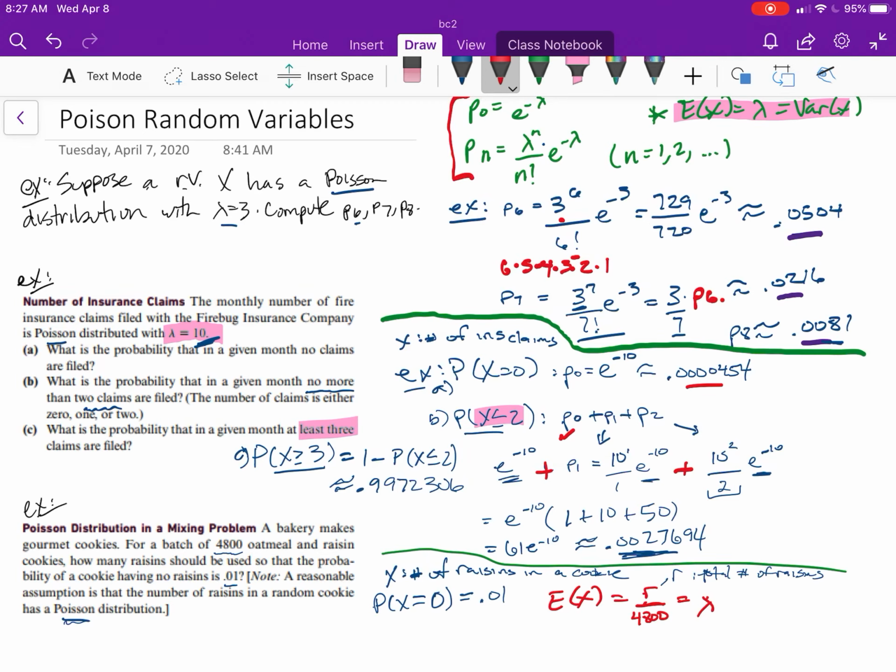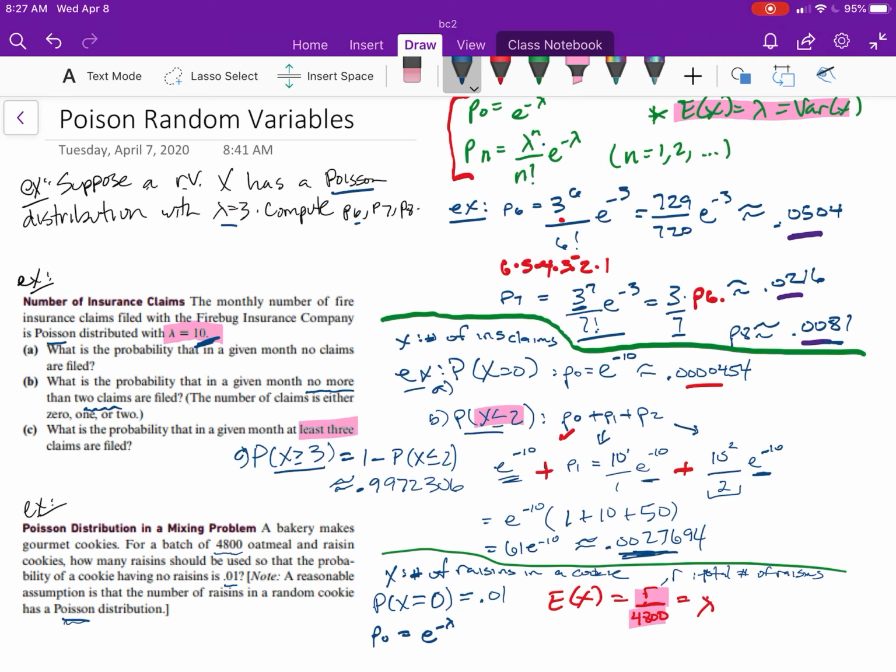All right, so this is what we needed, and that was the weird part. It's not exactly given in the problem, right? So probability of X is 0 is P of 0. And P of 0 we know is e to the negative lambda.